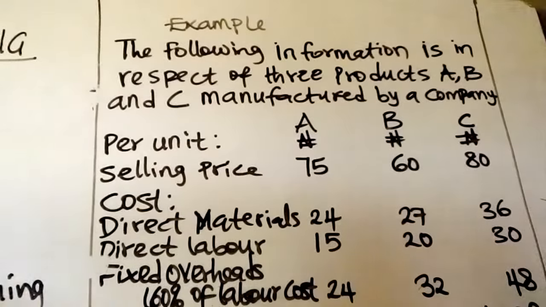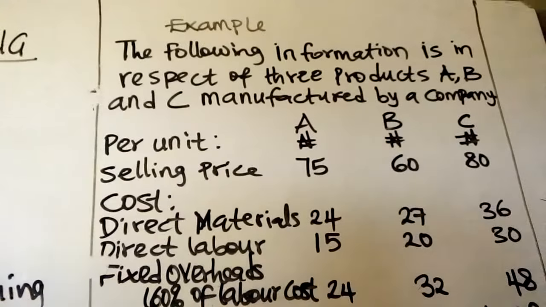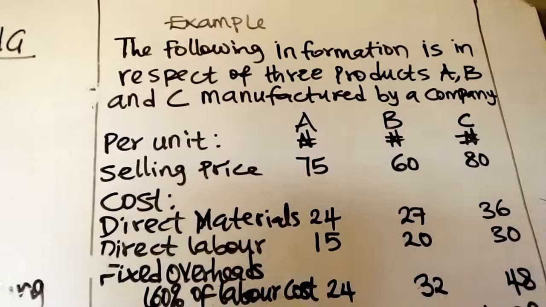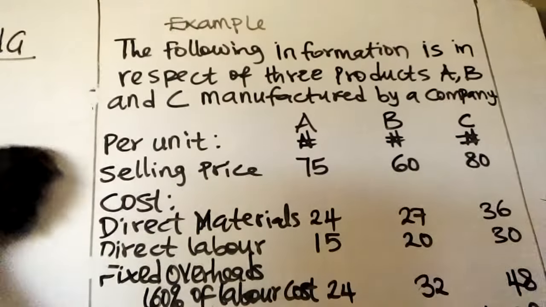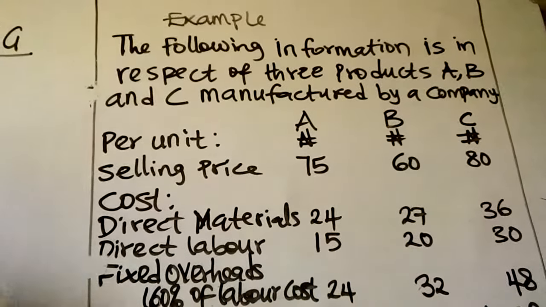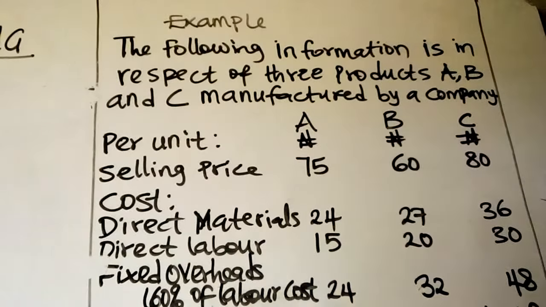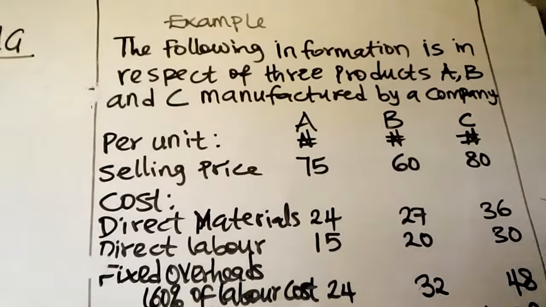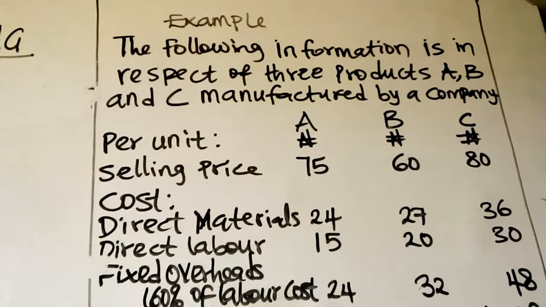You are given A, B, and C. Then you are given per unit. Then you have the selling price. The selling price is given as 75 naira for A, 60 naira for B, and 80 naira for C.